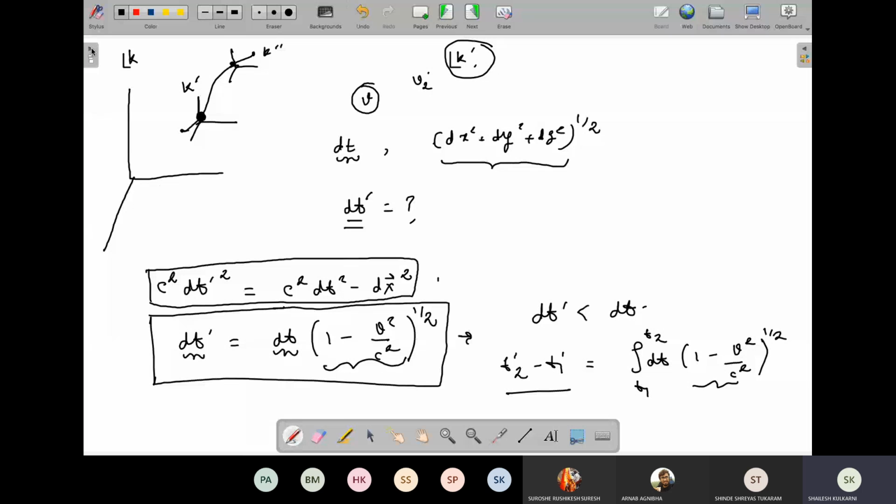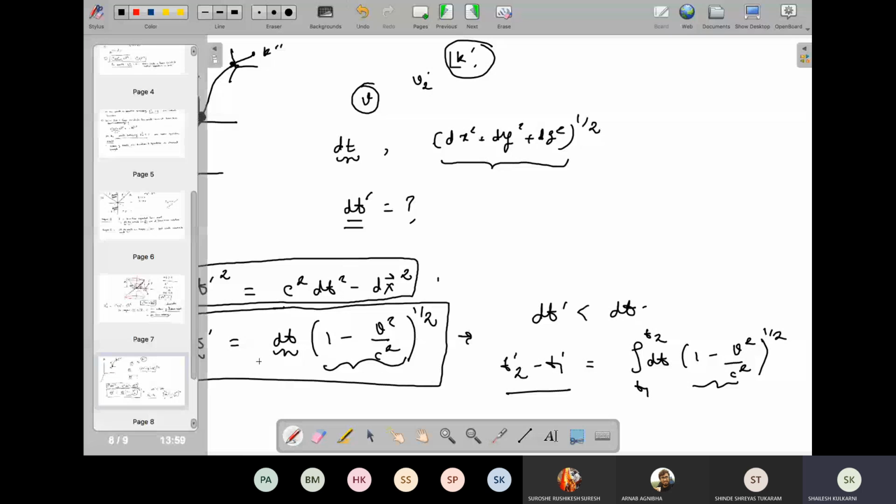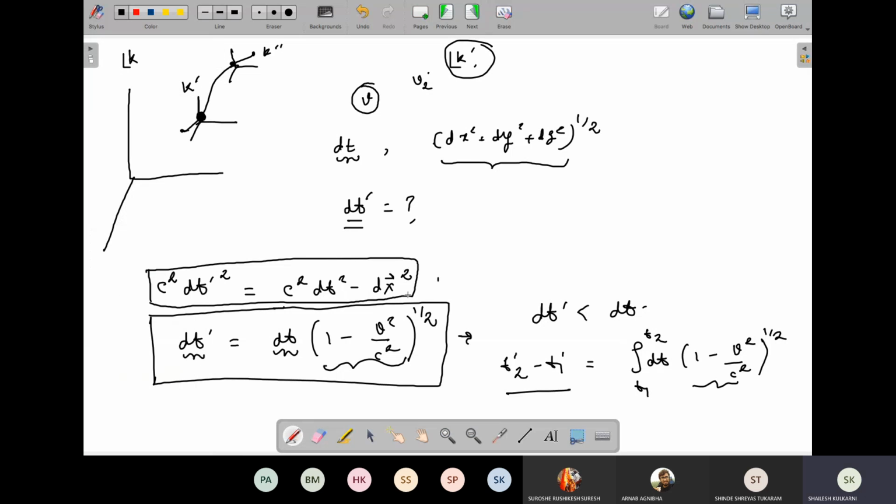The time interval indicated by a moving clock is always smaller than the time interval indicated by a rest clock, or observer at rest.